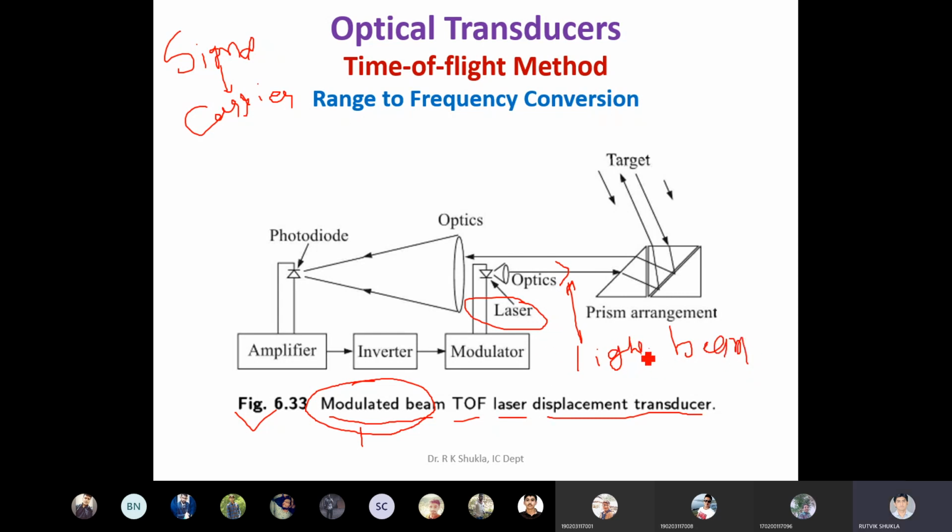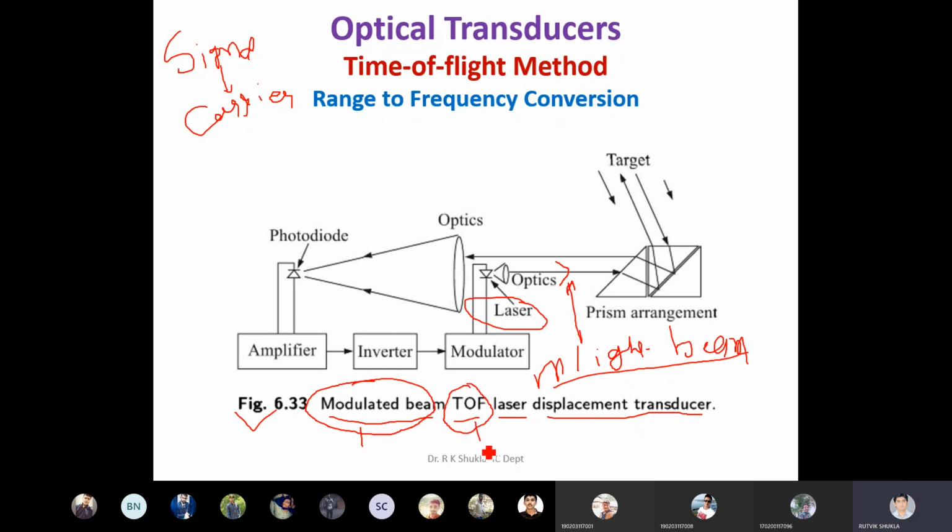Our source, the light beam, is not a stand-alone signal, but it contains some additional information. So it is called a modulated beam. This beam which is coming out from the laser is a modulated light beam. So that is what the first word means.